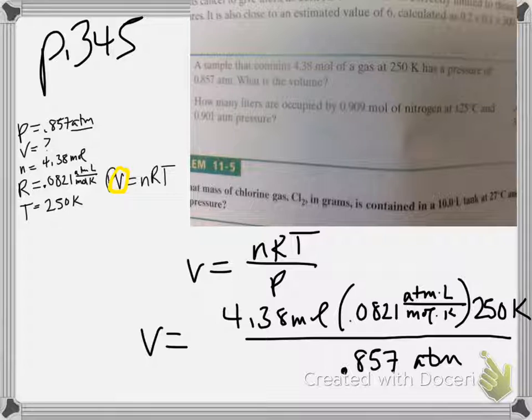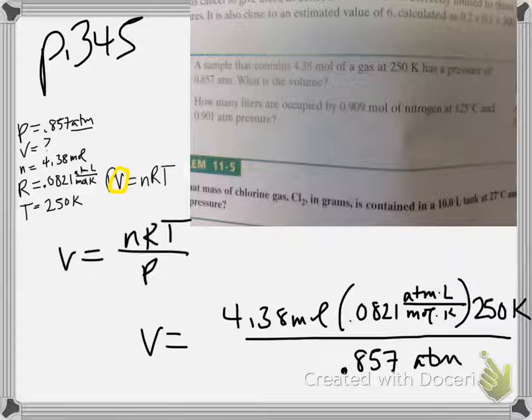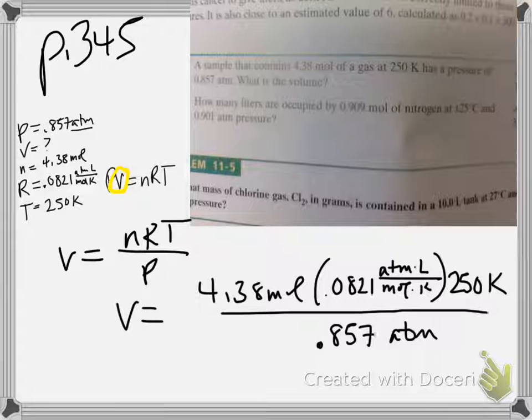There's this neat little thing, we haven't done a whole lot of it in here, but it's called dimensional analysis, and we do it a lot in physics. If you have all your units in a problem like this, you can say, okay, moles divided by moles, moles cancel. Kelvin divided by Kelvin, that cancels. Atms divided by atms, that cancels.